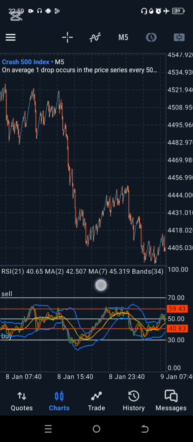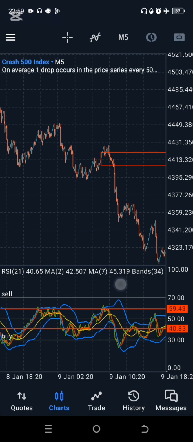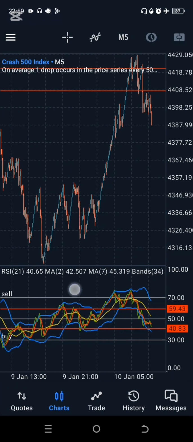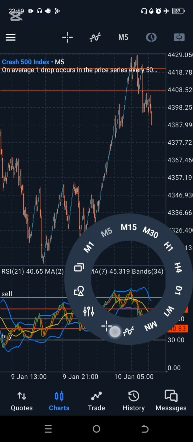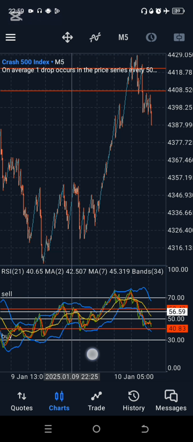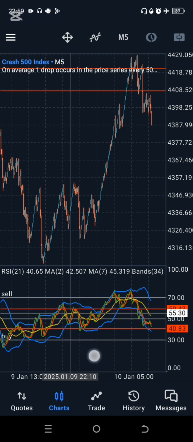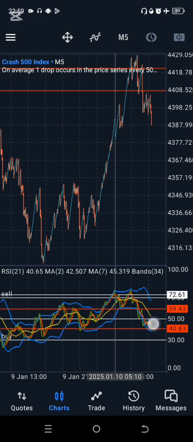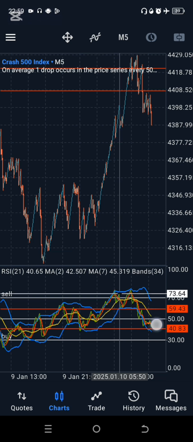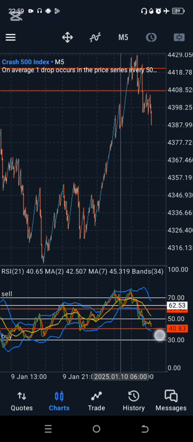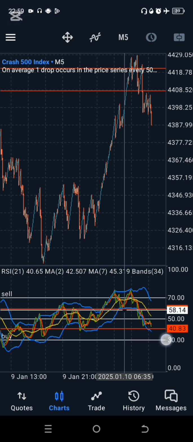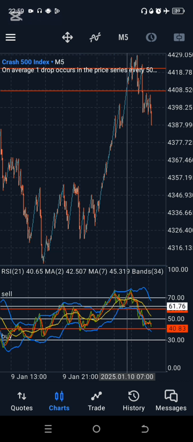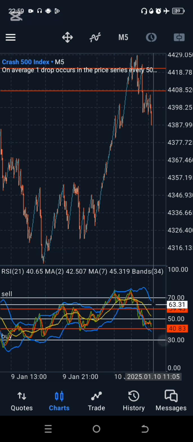And whenever you see that the 60 level has been broken, usually the market follows into an uptrend. Let's take this for example over here. The market came to around the 60 level, came down, 60 level, came down, and then over here it made a clear breakout, retest, it doesn't go that deep, and usually the market continues going up from this point.